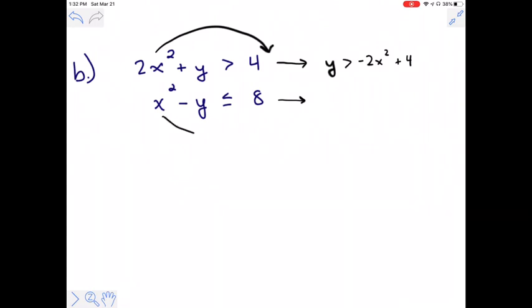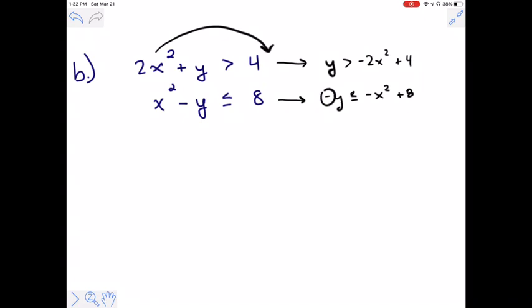And then if I did the same thing, if I move the quadratic term, I'm going to have the opposite of y is less than or equal to negative x squared plus 8. But I don't want to have that negative there.